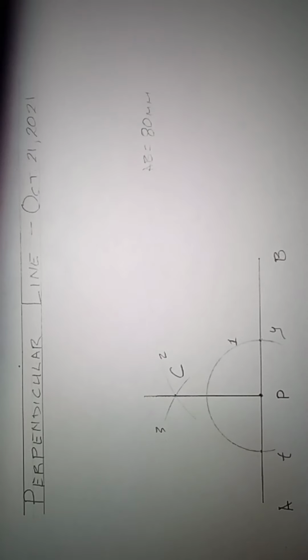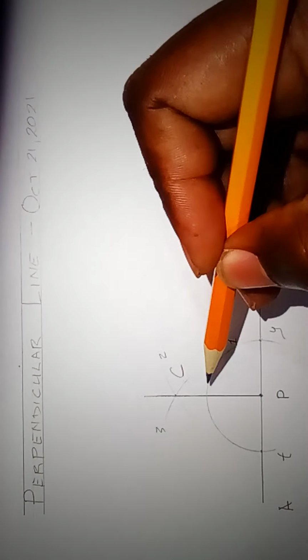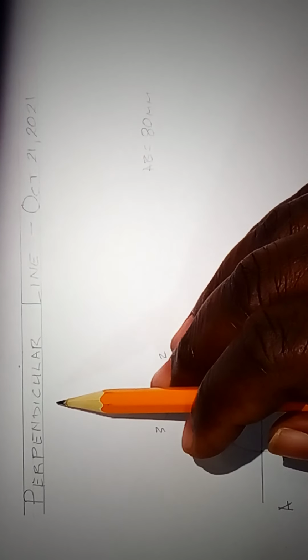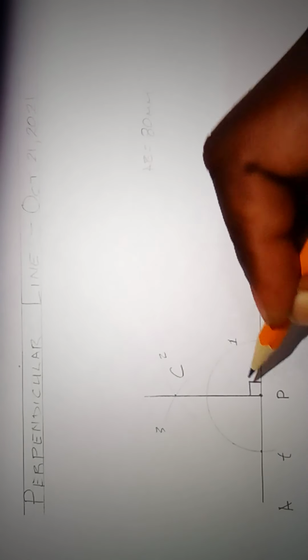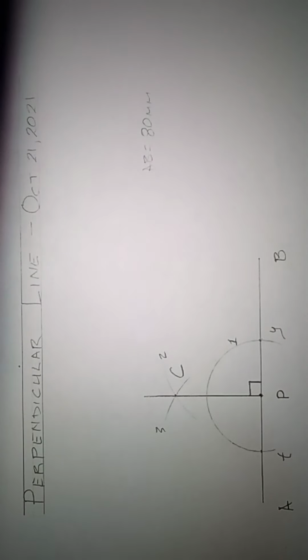Now, the line segment PC is what is called the perpendicular line, meaning it meets line AB right at P, and the angle that is formed between them is a right angle. It measures 90 degrees, and we denote that angle by drawing something like this, a little square there.